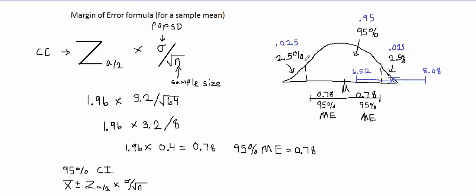So once again, I said, if you repeat a study over and over again, 2.5% of the time, the sample mean comes from here, and the entire interval is too low. 2.5% of the time, the sample mean comes from here, the entire interval is too high. 95% of the time, the sample mean comes from the middle area, and the interval does cross over the population mean.